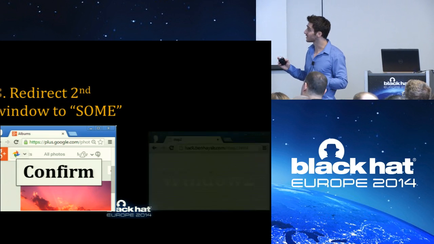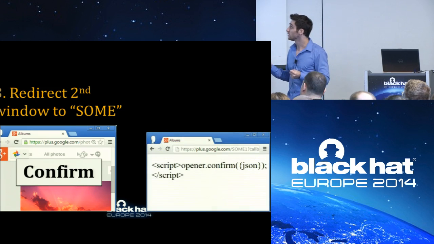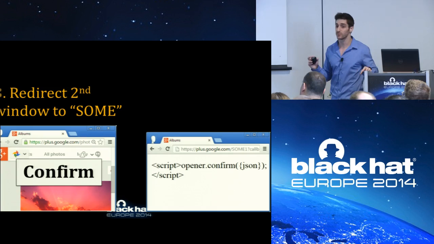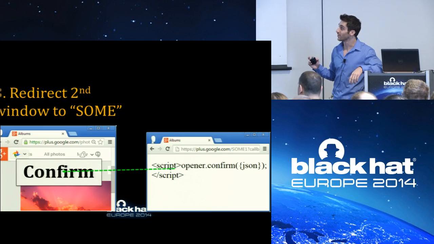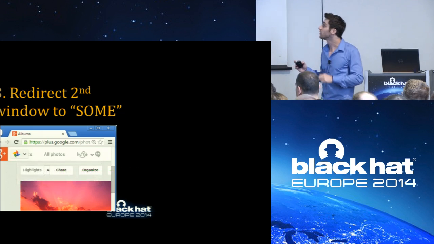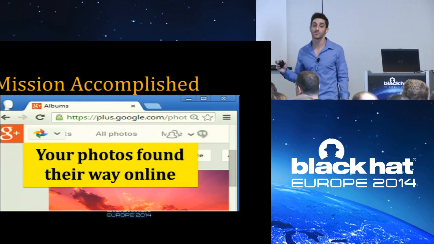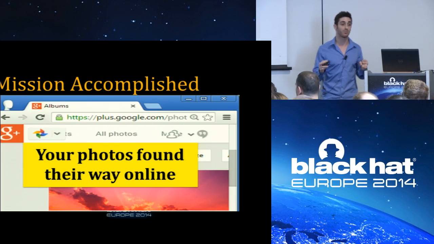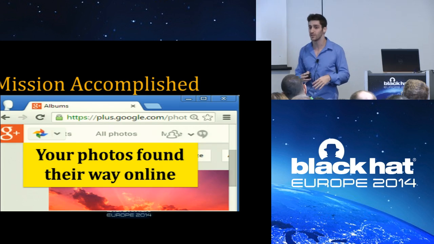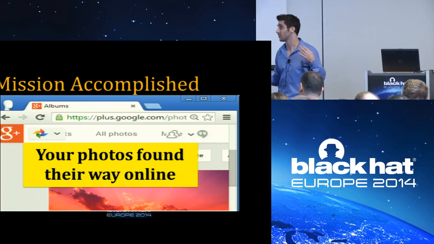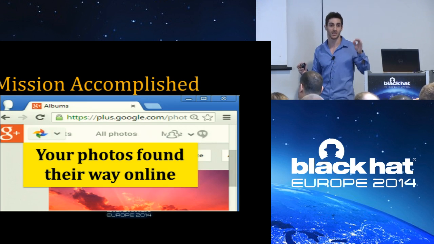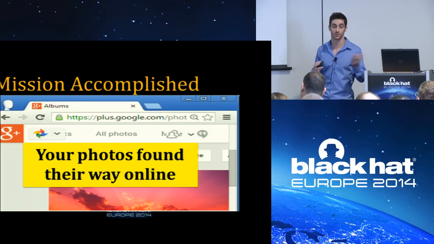So I redirect the second window to the same instance of this vulnerability, but this time I'm setting the callback value to send the photos out. Okay, so I made the user do 2 actions on his behalf. And now all of your photos found their way to the attacker's website, and they are publicly available on the internet. You can search them. You can search any name. I can actually also leak the name or steal the name of the Google Plus account, so you can easily detect the celebrities that you want to. Never mind.